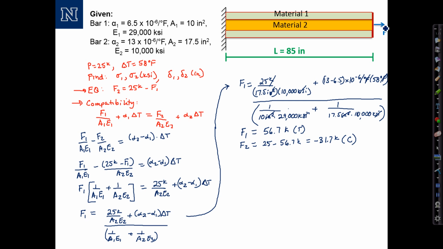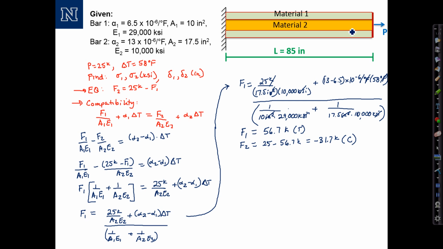Certainly, due to the applied load, both bars would be in tension. However, when we consider the thermal loading, we note that bar 2 has a larger coefficient of thermal expansion. So bar 2 is trying to expand faster than bar 1.